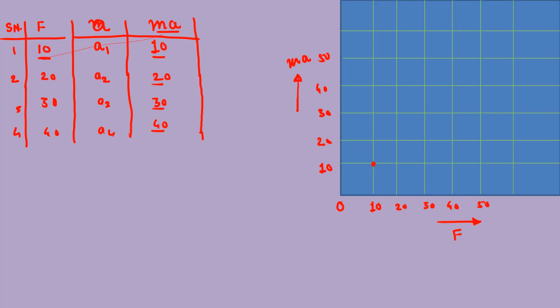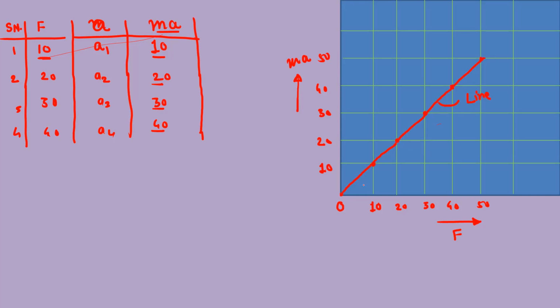Second value, for 20 Newton, you will get the 20 value. This is the third, fourth, fifth, and so on. Then you can connect all these points. The nature of this graph will be a straight line.